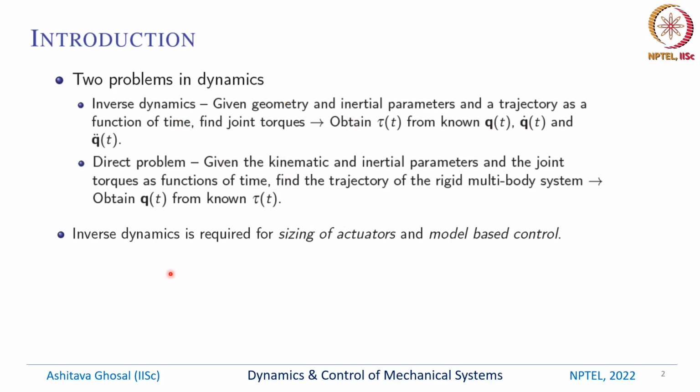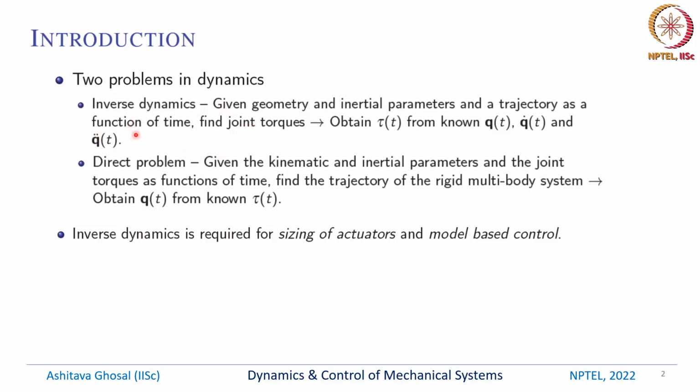The inverse dynamics problem is required for sizing of actuators and model-based control, as I have mentioned earlier. Once I know that the multibody system should be able to have a desired trajectory given by q of t, q dot of t and q double dot of t, we need to choose the motors and the actuators in the multibody system.